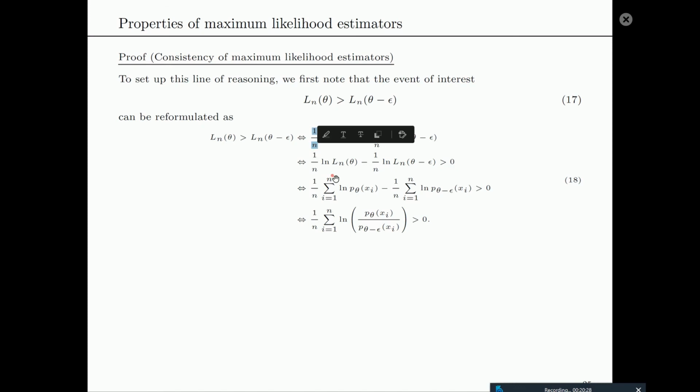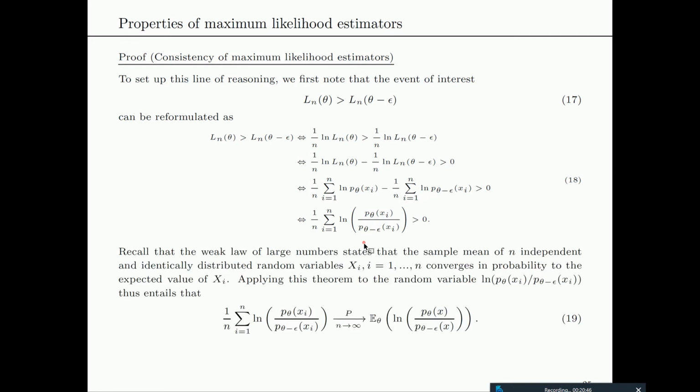Then we put everything on one side, write out what the log likelihood means in both cases, and use the properties of the log and put this together. So this is just reformulating this event, a very elementary algebraic manipulation.